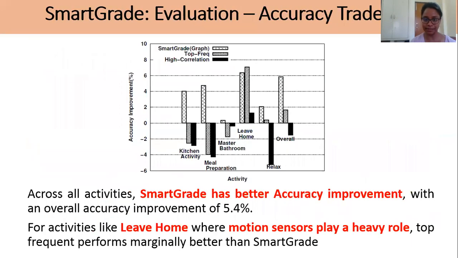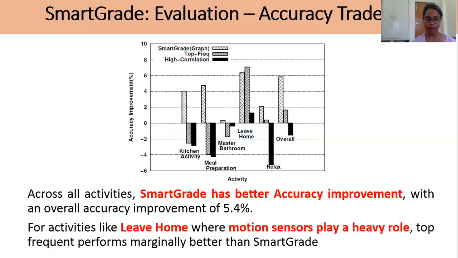The second is a bit more detailed, showing how the system performs for each activity. Again, we are comparing it with just taking the top frequent sensors and downgrading everything else, as compared to the SmartGrade graph.